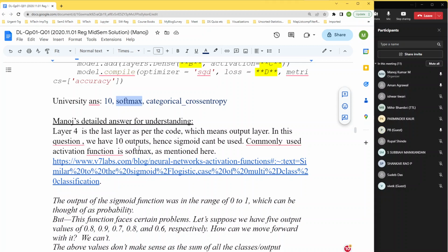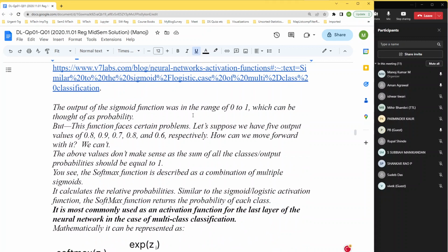Let's check what is mentioned for softmax. The last layer of the network is the output layer. In this question, we have 10 outputs, hence sigmoid cannot be used. Commonly used is the softmax as mentioned here. The output of the sigmoid function is in the range of 0 to 1, which can be thought of as probability, but this function faces certain problems. Let's suppose we have 5 output values like 0.8, 0.9, and so on.